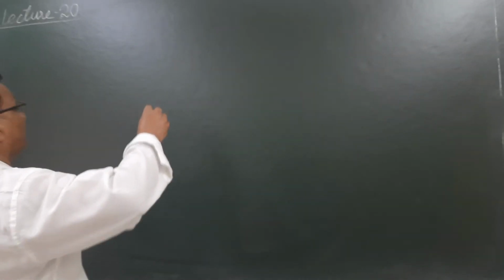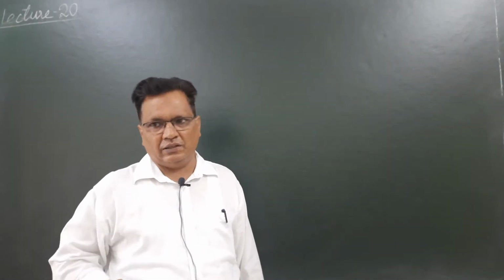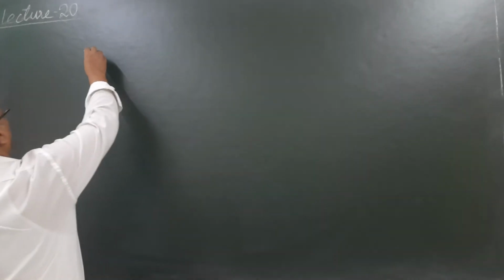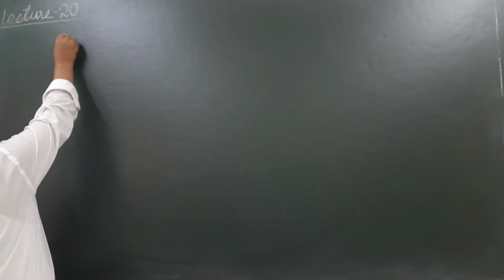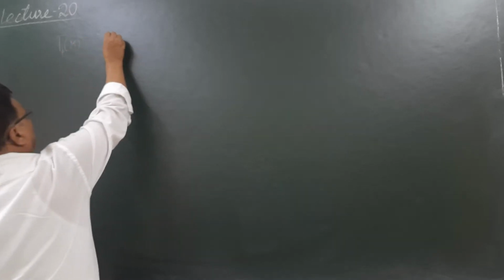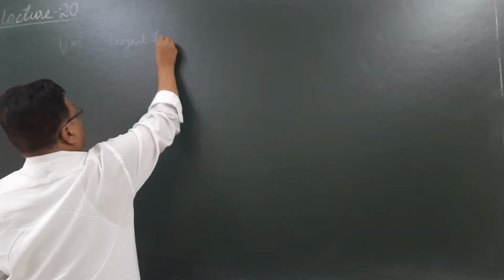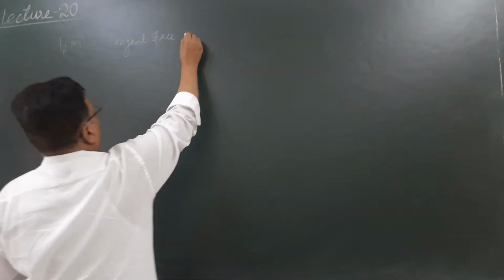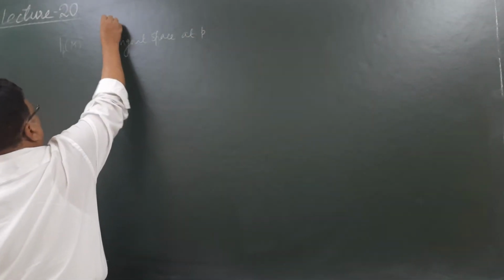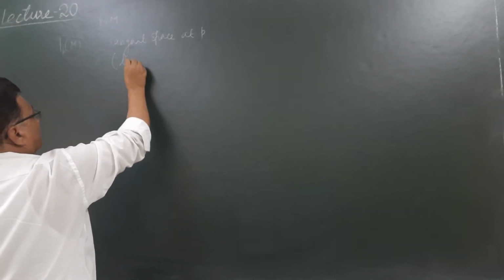So, we have seen that to every point of a differentiable manifold we can associate a linear space which we call tangent space. If M is a manifold and P is a point in M, then TPM is a real vector space, the tangent space at P, and this is in fact a linear space of dimension n.